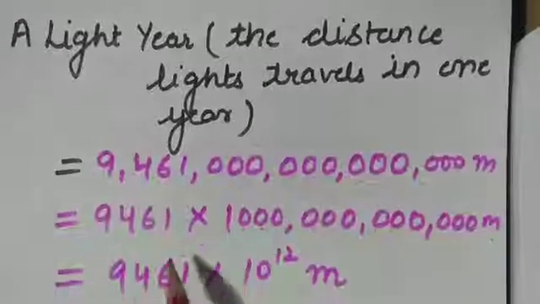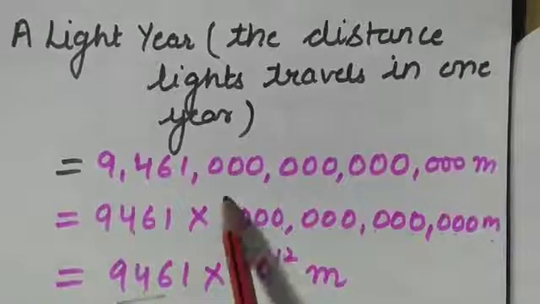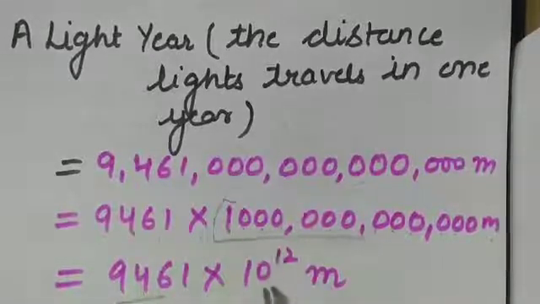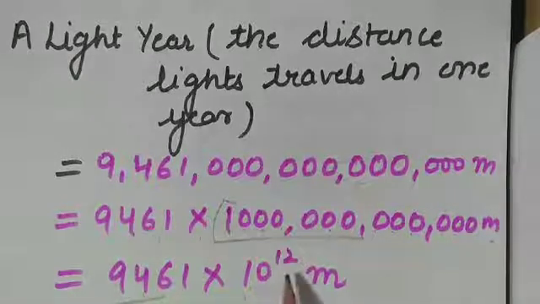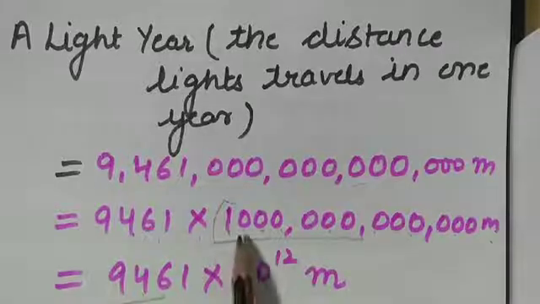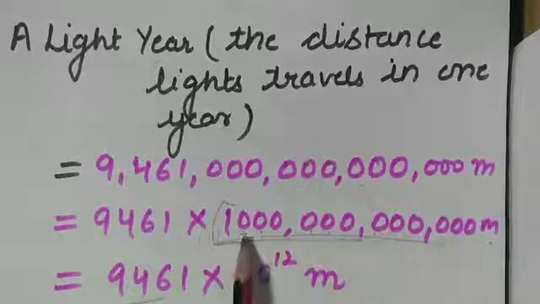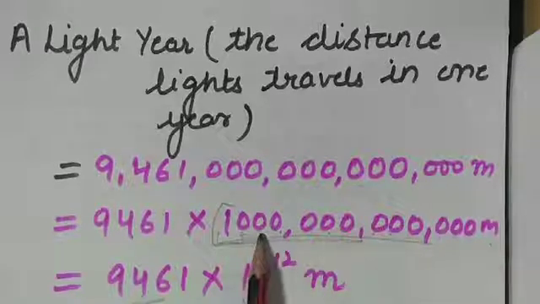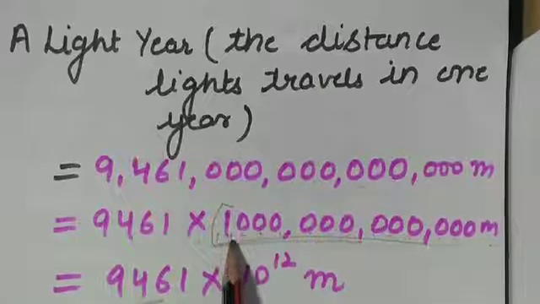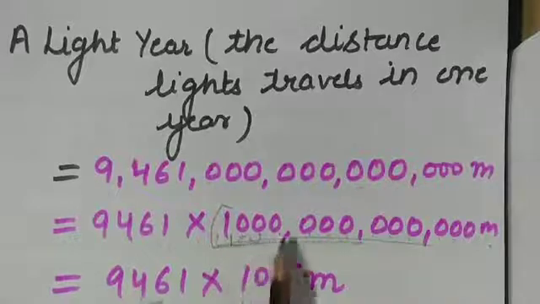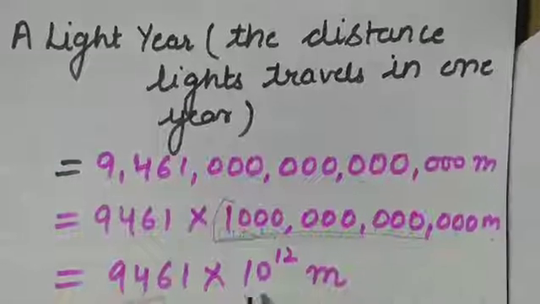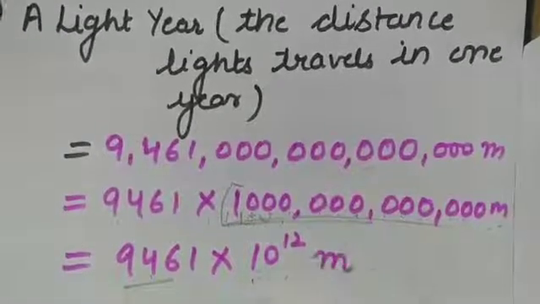Here I am observing that this huge number has 12 zeros, so it can be written as 10 multiplied by itself 12 times, and that can be written as 10 to the power 12 meter.